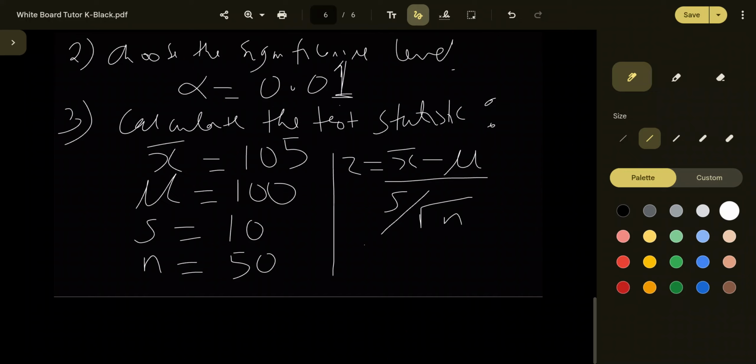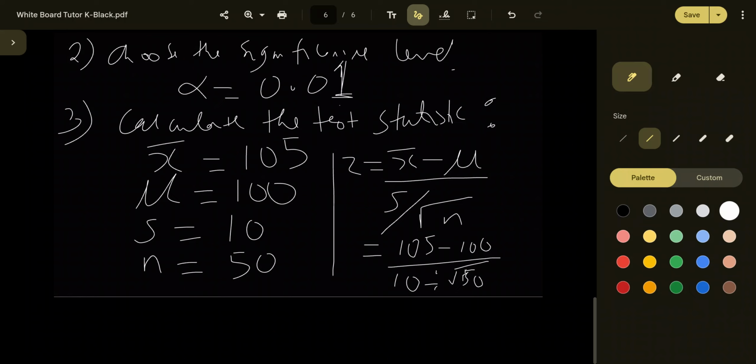So in this case, what are you going to have? You have 105 minus 100. Everything you are dividing by the standard deviation, which is 10. This is being divided by the root of 50, because that's the sample size.